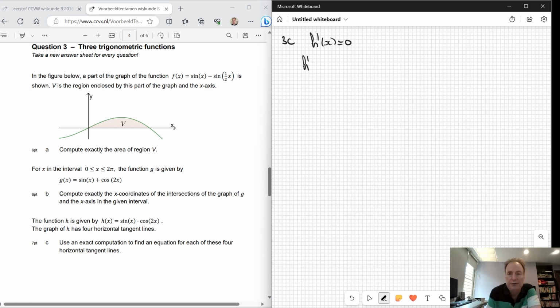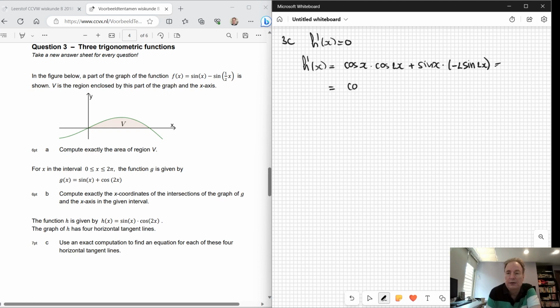So the derivative of this function is, using the product rule, we get cosine of x, the derivative of the sine, times the cosine of 2x, plus the sine of x times the derivative of this one here, which is minus 2 times the sine of 2x.